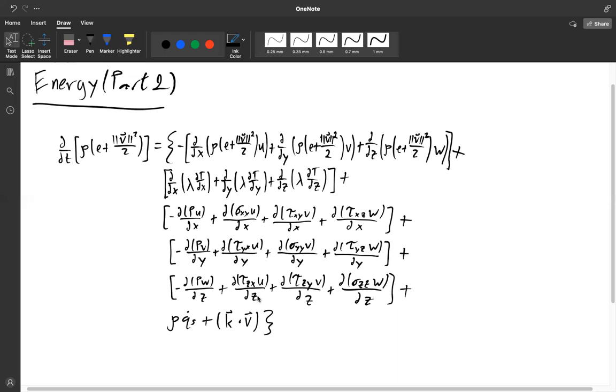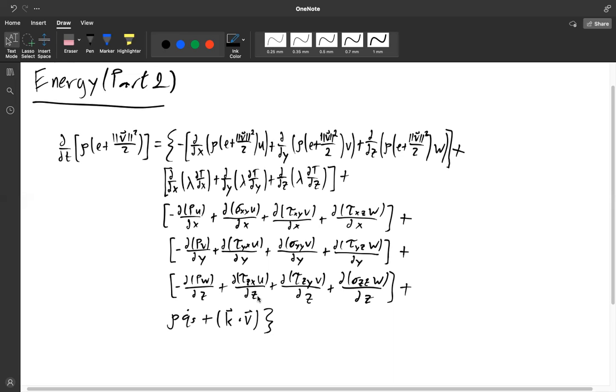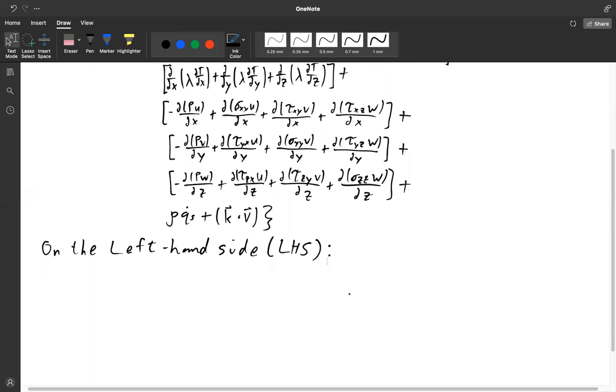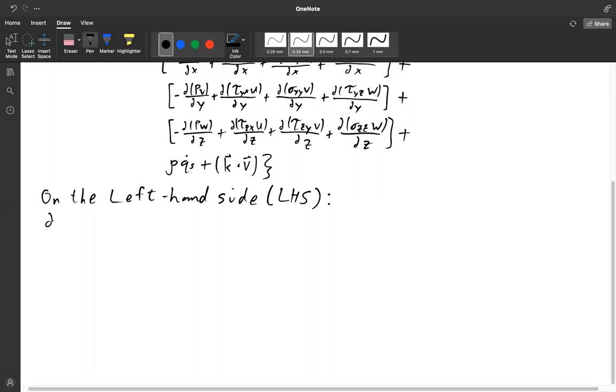So now we will be using some math techniques to make this equation look nicer. To continue on with our work, we can say that on the left-hand side, we'll call this LHS, left-hand side, partial t of rho times e plus the velocity magnitude squared over 2 equals out to be the following.